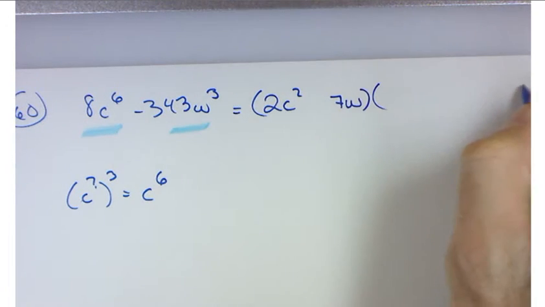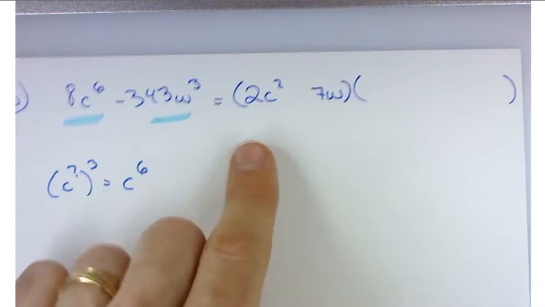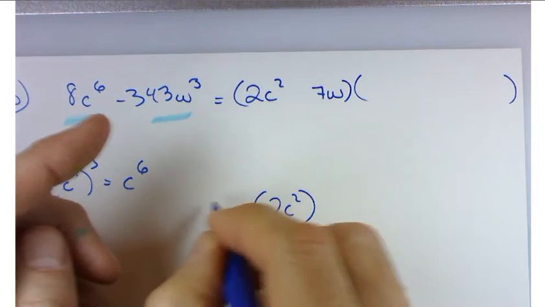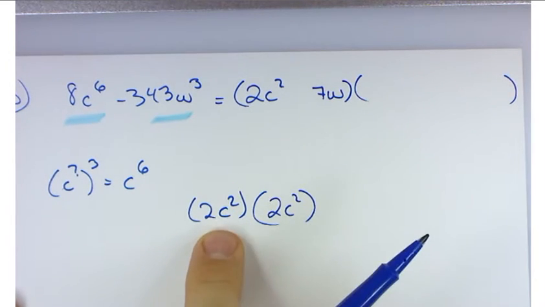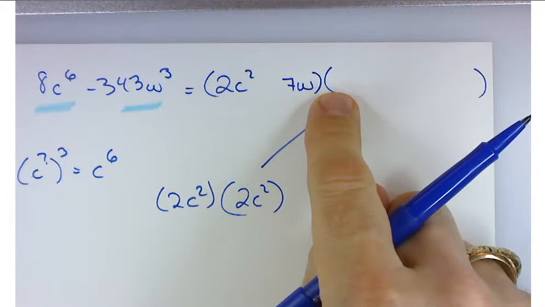So 2c squared and 7 what? 7w. Now again, you're going to have a binomial times a trinomial. Multiply the first term by itself: 2c squared times 2c squared. That's going to be your first term here.